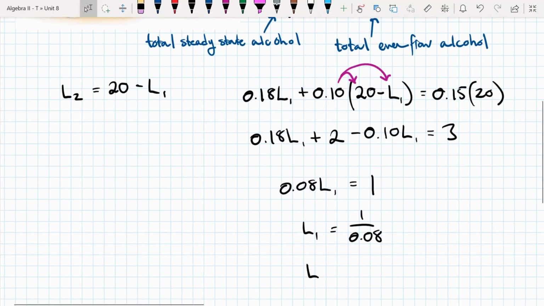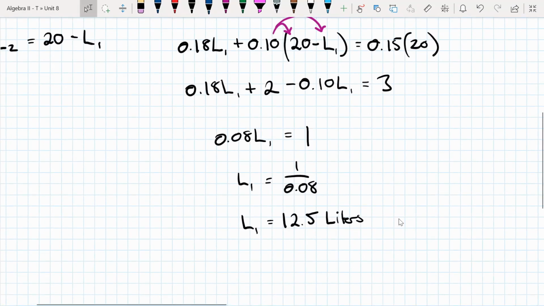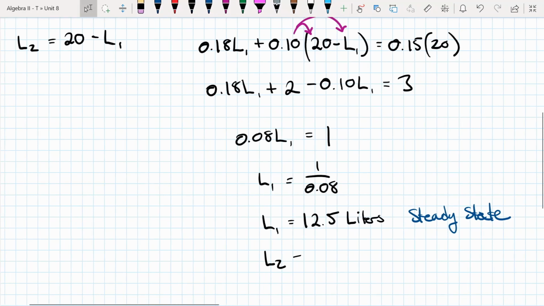And if I do that, the L1 value is 12.5 liters. Okay, which tells us that this is the steady state amount. And then the even flow amount is going to come from plugging this in right here. So this becomes 20 minus 12.5, which is 7.5 liters even flow.